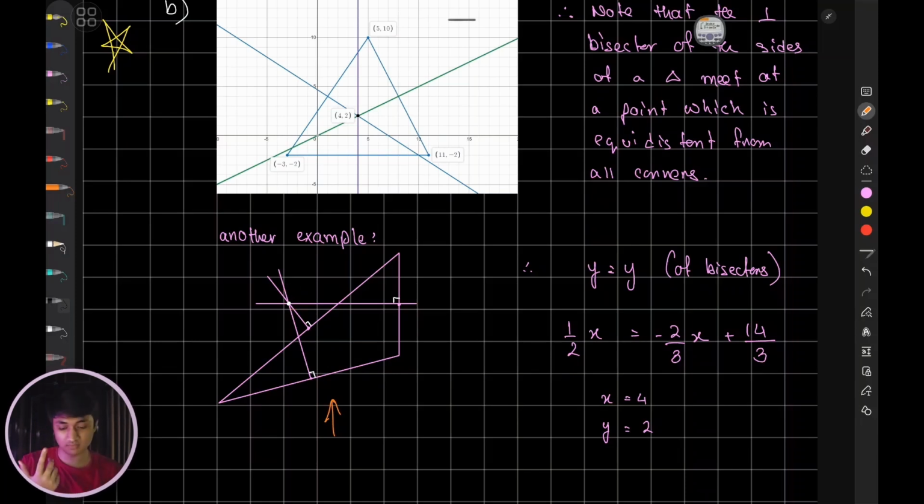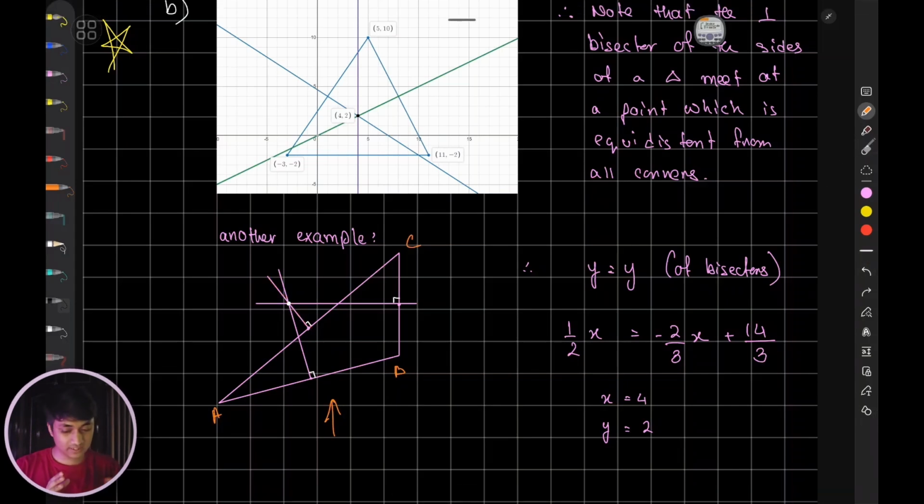So it's an interesting example. So notice this is the perpendicular bisector if I find ABC. So for AB, this is the perpendicular bisector, right? And again for CA, this is the perpendicular bisector. And again from AC, this little line is the perpendicular bisector, right?